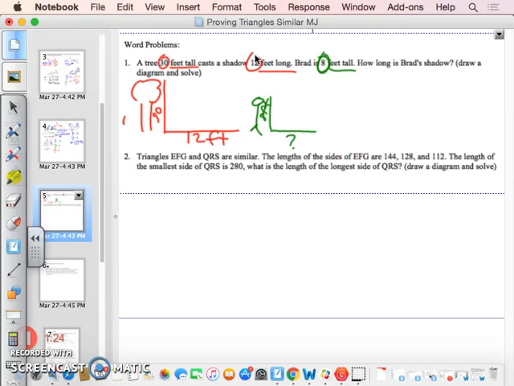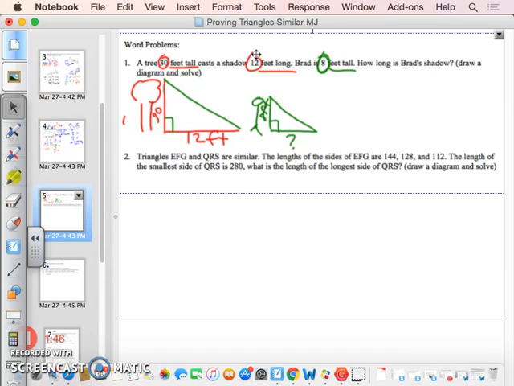Now I can close these triangles. When you're standing up, and when a tree's standing up, you both make a 90-degree angle with the ground. So I can say for certain that these are similar triangles, and I'm going to use that theorem to figure out Brad's shadow.